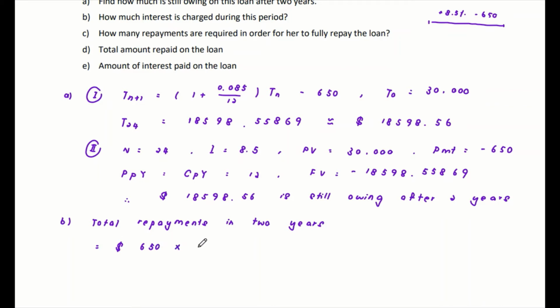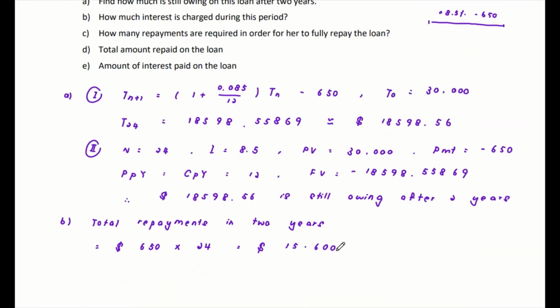So multiply by 24. Okay, I hope that makes sense. Every month you pay 650, so for 2 years, you already paid 24 times of it. So from here, we get that the total repayment in 2 years is 15,600.